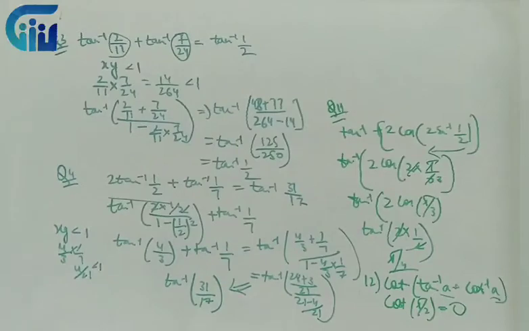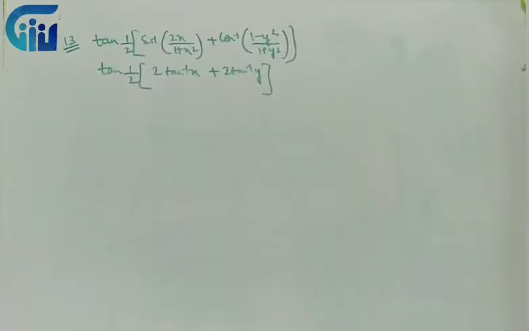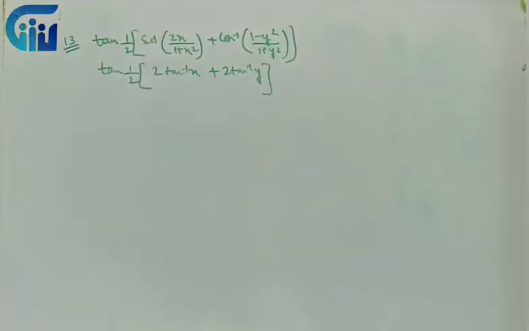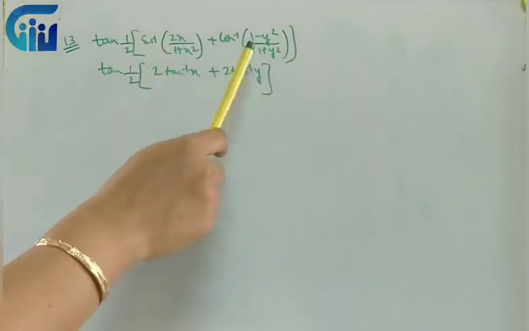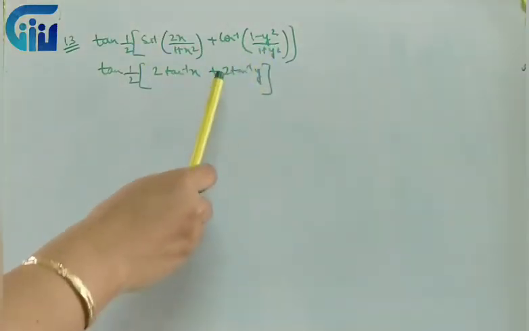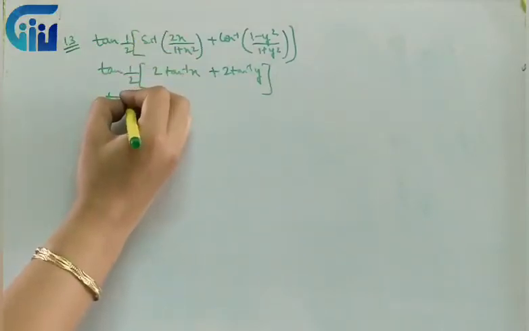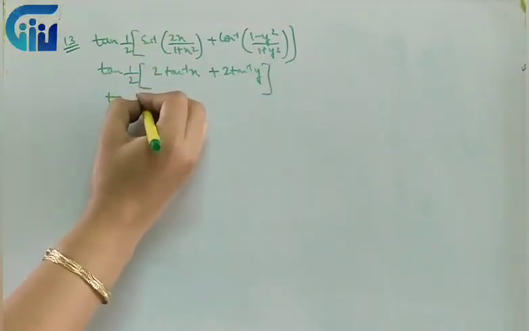Right? Similarly, next question number 13. What do we have? It is tan of 1 by 2 sine inverse 2x upon 1 plus x square. So sine inverse 2x upon 1 plus x square can be written as 2 tan inverse x. Cos inverse of 1 minus y square upon 1 plus y square can be written as 2 tan inverse y. So if I take 2 common, I'll get it cancelled with this 2.